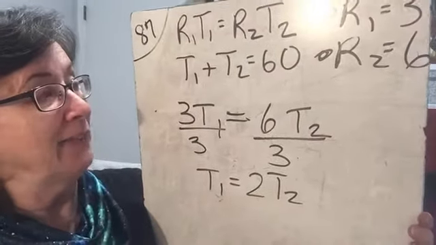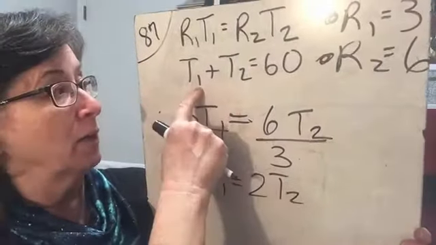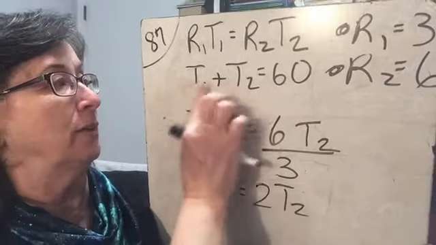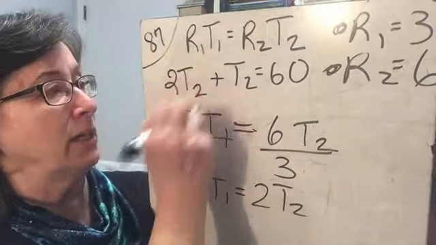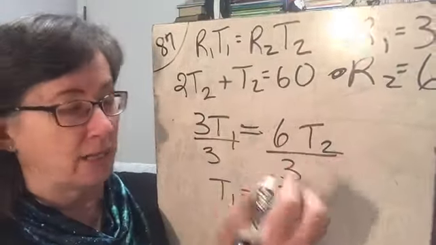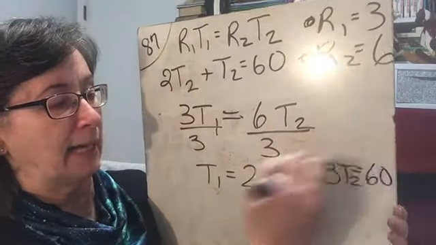All right, and then we could substitute back in there. Since we have T1 solved for, we're going to put T1 right there. Let's just slide it up there. T1 is twice T2. So take out the T1 and put in twice T2. 2T2 plus 1T2 is 3T2, and 3T2 is 60.